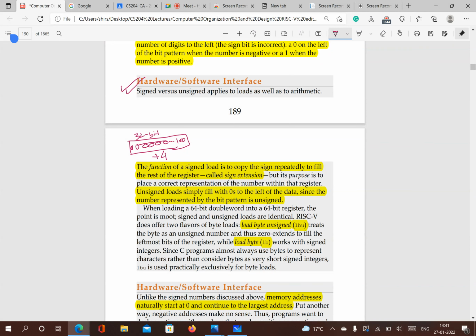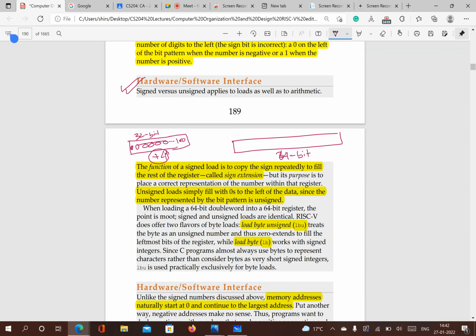It's a 32-bit number. Now I want to store this 4 in a larger register or larger storage. Suppose this storage is a 64-bit storage. So I want to move this number, 0 0 0 and 1 0 0, which is representing plus 4. I want to copy this number from this 32-bit box to a 64-bit box.